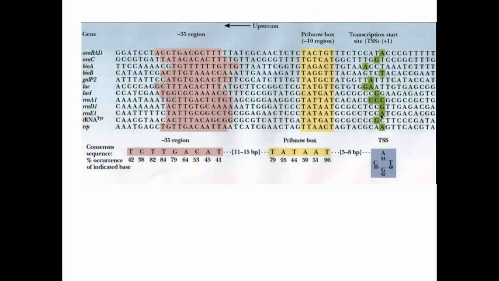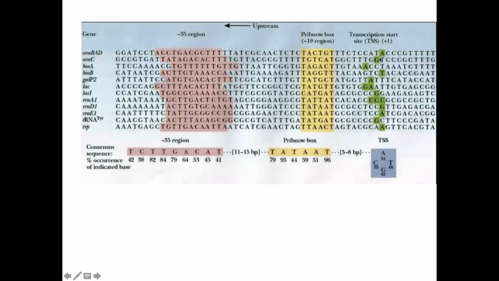Okay, so they're all aligned, and when you align them and you go upstream, in other words, more towards the 5' end of the DNA sequences to the left. Remember, I said this is the non-template strand of the gene sequences. This is the 5' end to the left, the 3' end to the right.